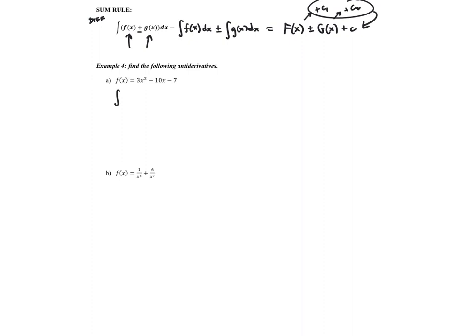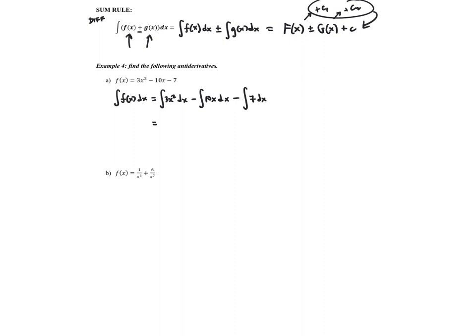So if I want the antiderivative of f of x, I would write the indefinite integral of 3x squared with respect to x. I'm going to use the sum or difference rule, 10x dx minus the integral of 7 dx.